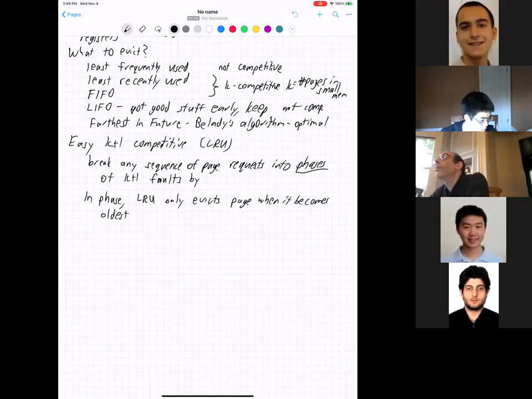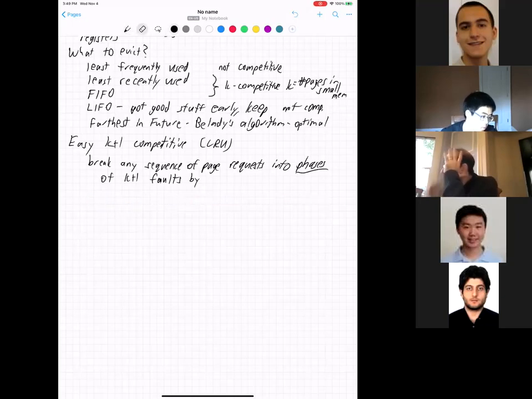Yeah, okay, good. So we're taking this phase where we end the phase on the k+first fault, right? Now my question is, if there are k+1 faults, what can we say about LRU?